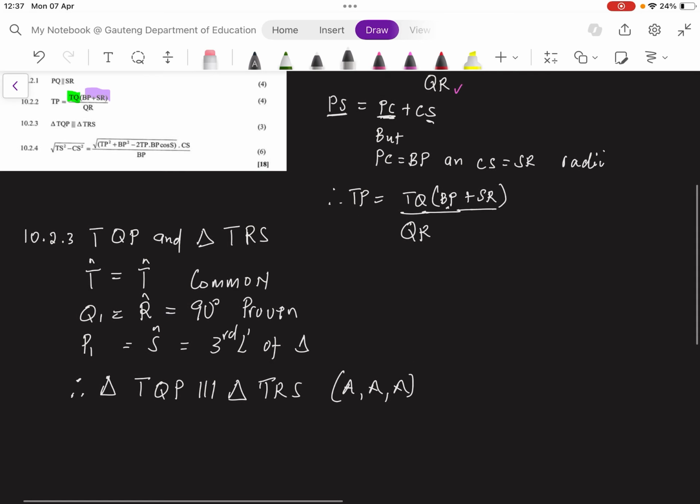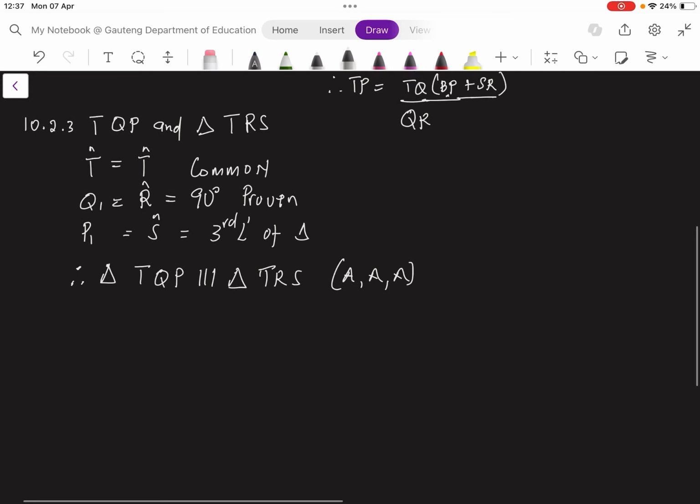Now, remember, every time after proving that two triangles are similar, please write the sides that are in the same proportion. So TQ over TR is equal to QP over RS, which is also equal to TP over TS.